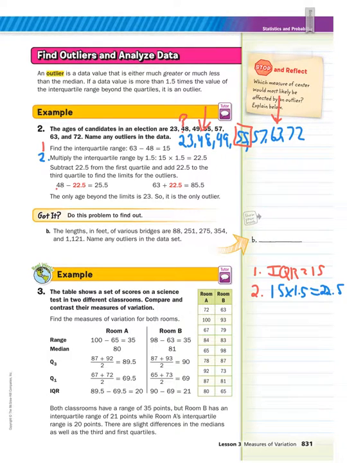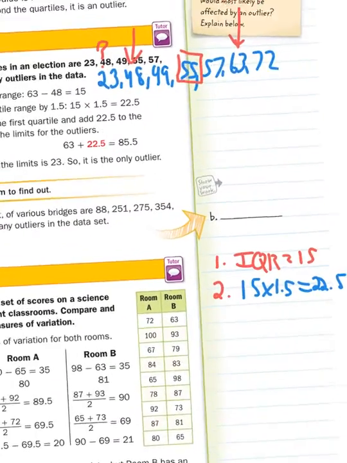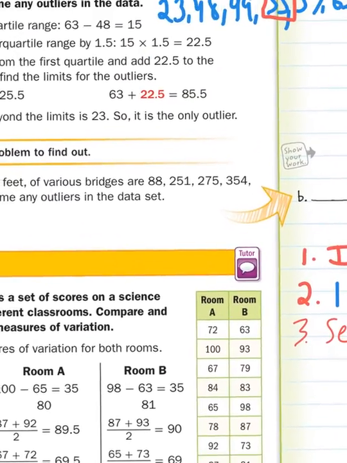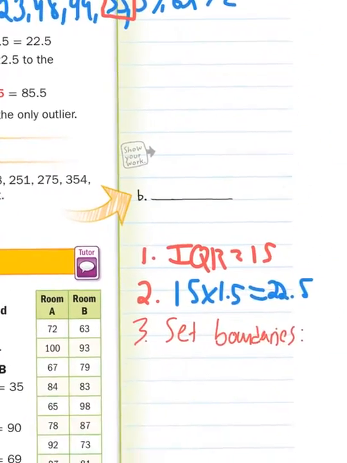Now, in step 3, this is where we set up, I call these our boundaries. We have to set up a lower boundary and an upper boundary. Anything outside of these boundaries is an outlier. So this is how we set our boundaries. Let me zoom in and write this step down. So step 3 is going to be to set our boundaries. Okay, so what we have to do is we take Q1, which was 48.